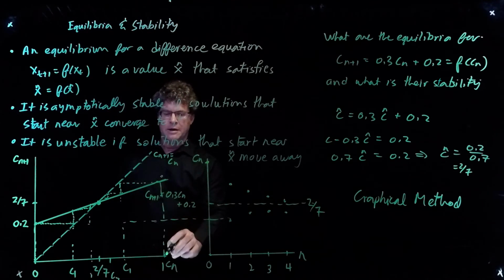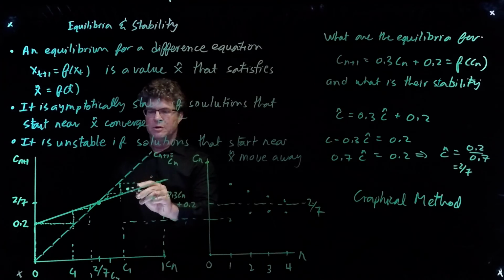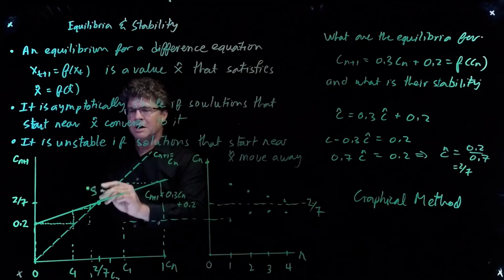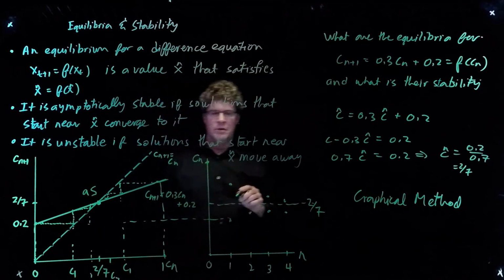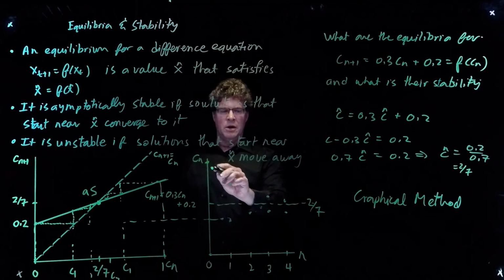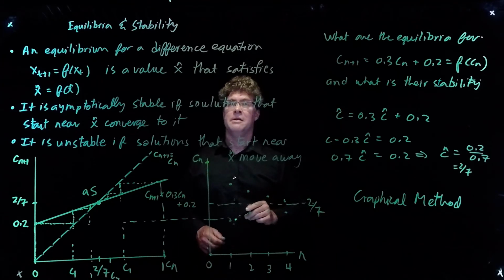And if we start at C0 is equal to 1, we're also moving towards this equilibrium point here. So this point is asymptotically stable. We see this also with the diagram here. Regardless of whether we start at 0 or 1, we're moving towards this equilibrium value of 2/7.